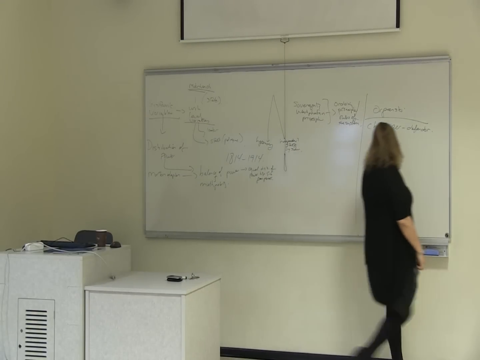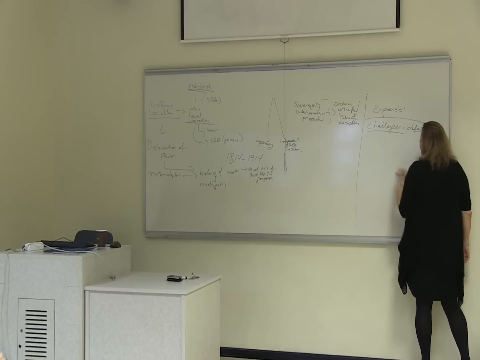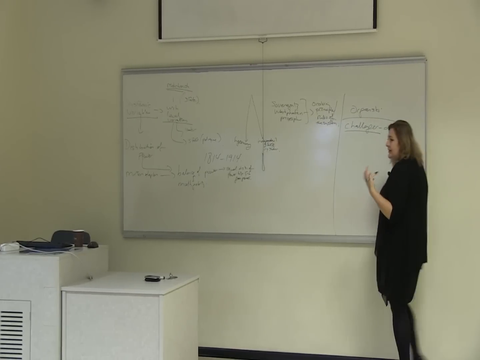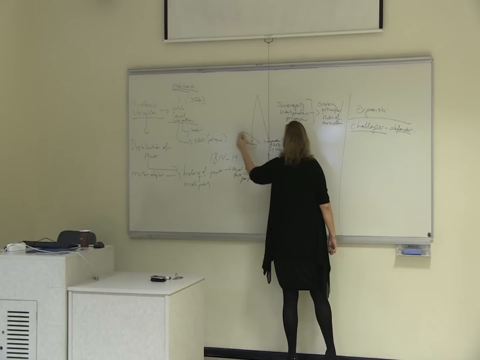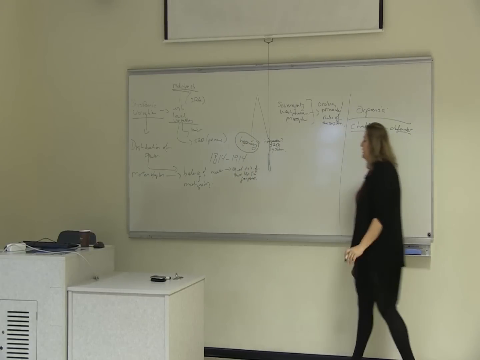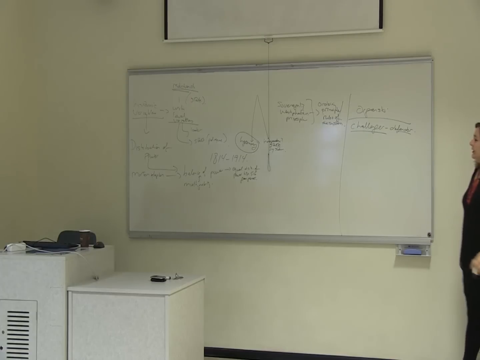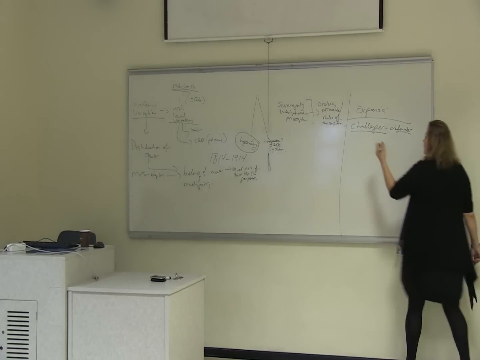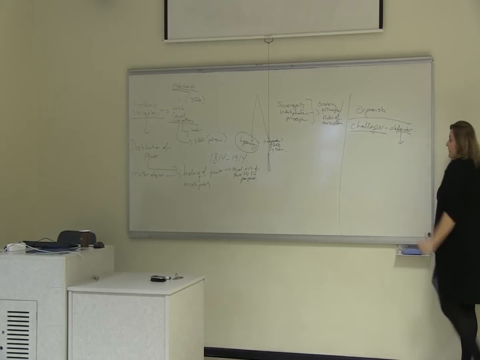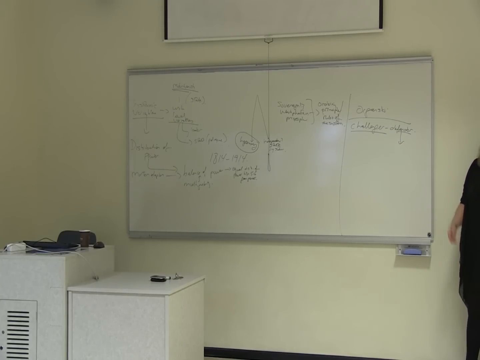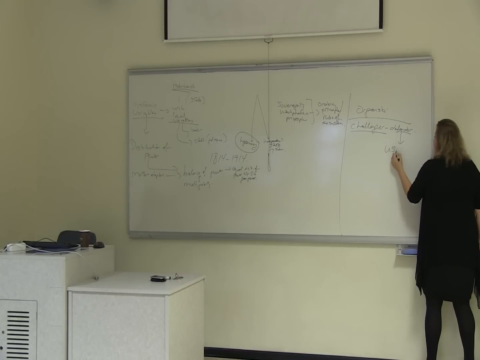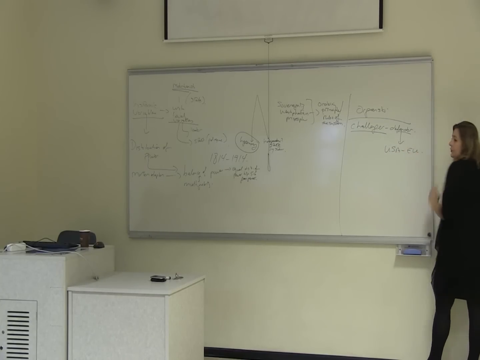Fine. So, Organski's challenger versus defender. This is precisely the same logic that we have in the theories that look into this pendulum between hegemon and independent state system. So Organski says, can your defender be a hegemon? Yes. You would have, for example, let's say the USA and the European Union.